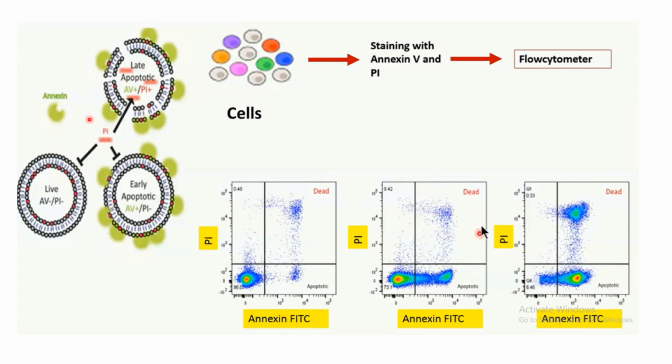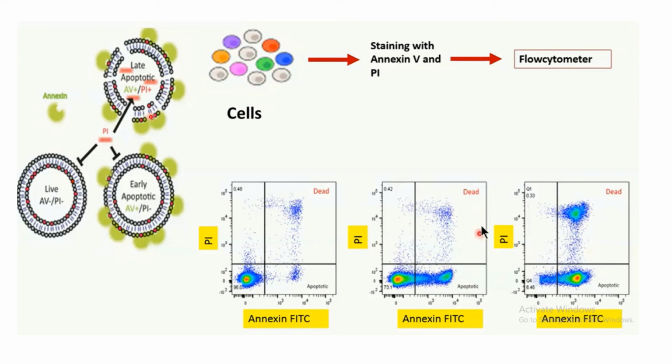So let's understand the basic principle of this application. We have live or healthy cells. Inside these healthy cells, we have phosphatidylserine, which is present on the inner side of the plasma membrane. If a cell is entering apoptosis, then the membrane flips and the phosphatidylserine comes out. And we use the fluorescent labeled protein annexin, which has the capability to bind to the phosphatidylserine, which is now flipped outside.